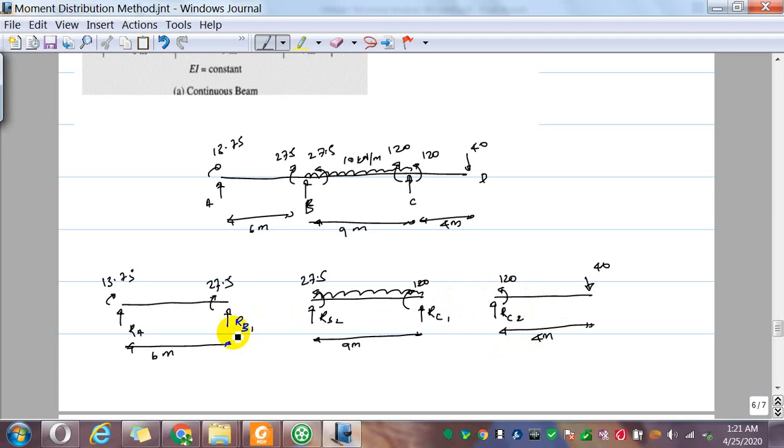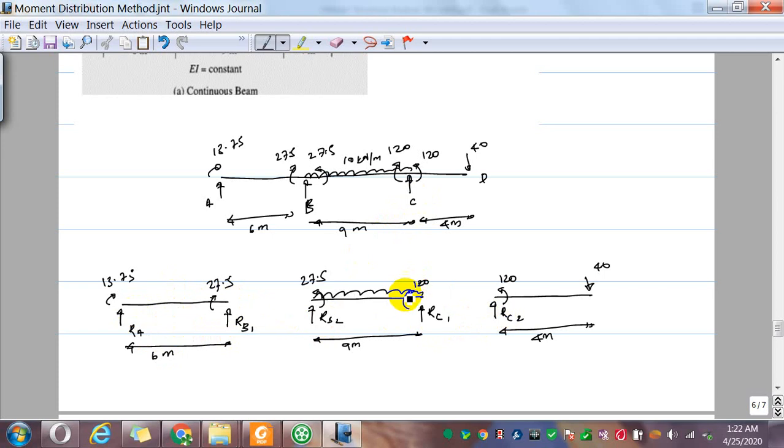So now each of these individual segments has 2 reactions, and you can take individual segments and solve and find the two reactions. The total RB is going to be RB1 plus RB2. Total RC is going to be RC1 plus RC2. Because if you can do individually and plot bending moment shear force diagram, you can merge them into one diagram.